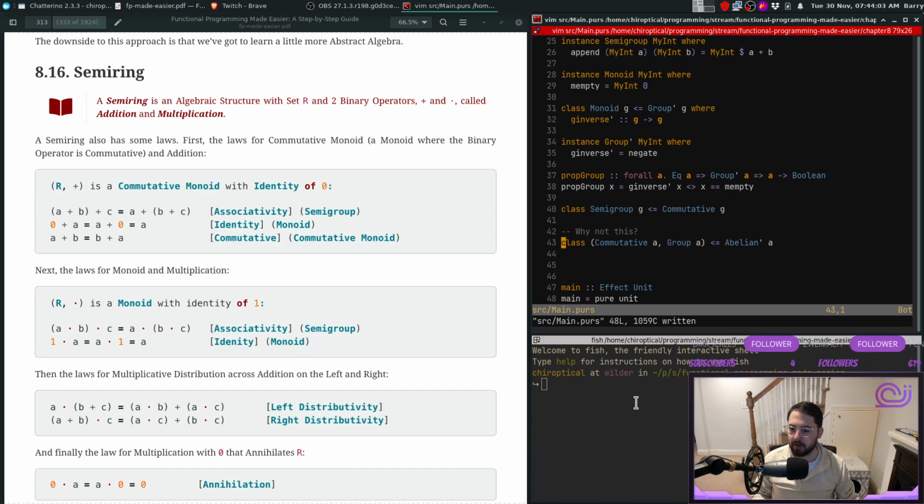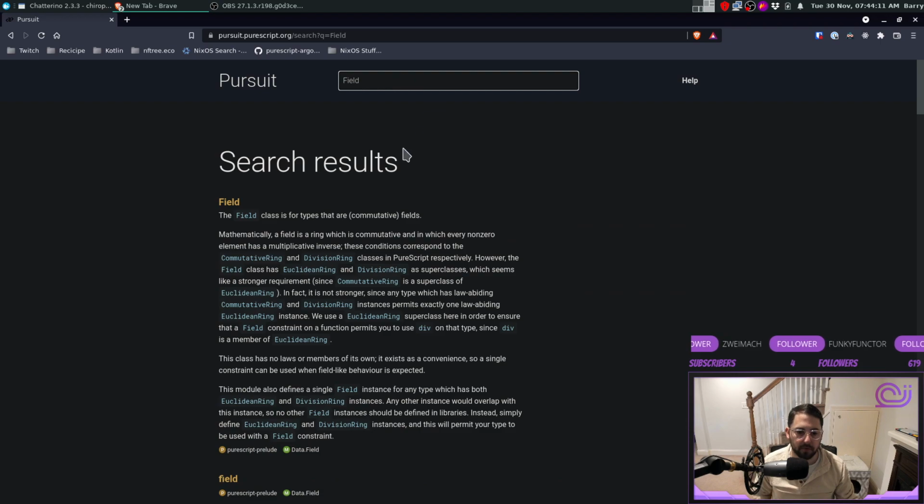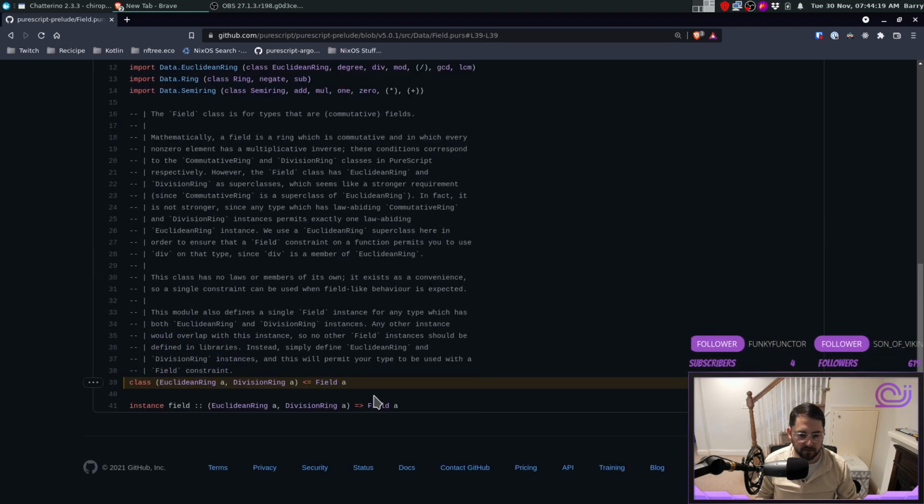Last time we talked about this class, and actually there is an example of this in your script for a field. So if we go look at field real quick, you can see that it has basically this instance.